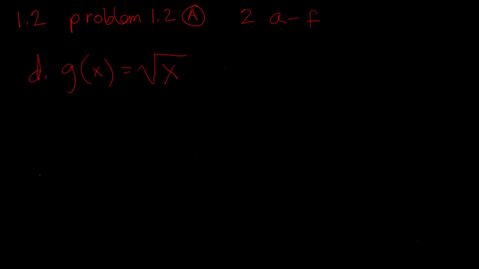So if we're starting with the function g of x is equal to the square root of x, item number D is saying the g of what is equal to 5. So it's wanting to know what domain value do we put in if we're getting out a 5. So easy enough to take this, set this equal to the square root of x, and following your algebra, if you need to get rid of the radical, which is a square root, you would square both sides of the equation.